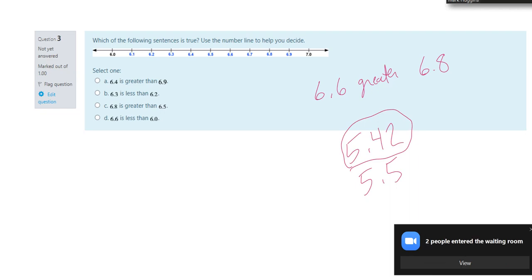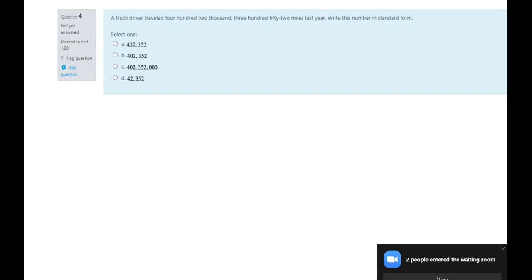But you have to remember that this 5 is like 5.50, and so really that's 50 hundredths and 42 hundredths. So don't get caught on that. But otherwise, just read it out, and if it sounds right, it's right. If it sounds false, it's false. So just trust yourself on that one.